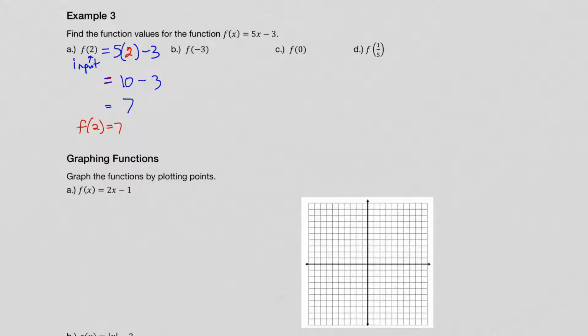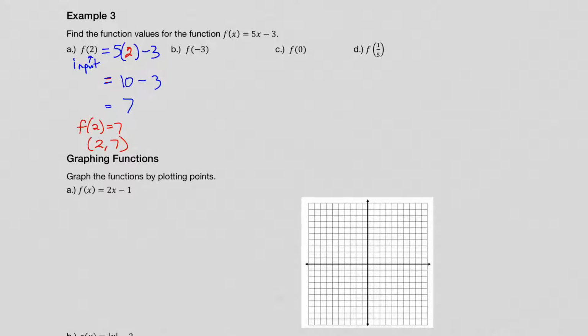We can also put this in an ordered pair, because the input value is the first value, the x value, and the output value is the second value. So this will be (2, 7).